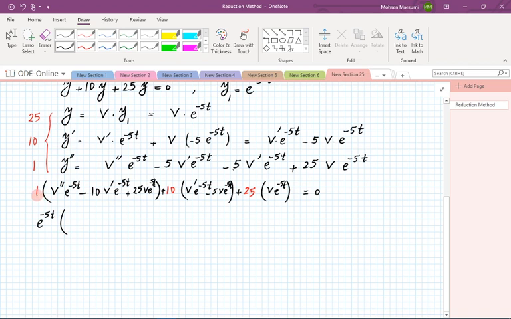Then I multiply 1 with all of the stuff, 10 by all of this stuff, and 25 by that, and write them here. So 1 times v double prime. Remember, we took that out. Minus 10v prime plus 1 times this plus 25v. This one 10v prime, and then minus 50v, and then another 25v.